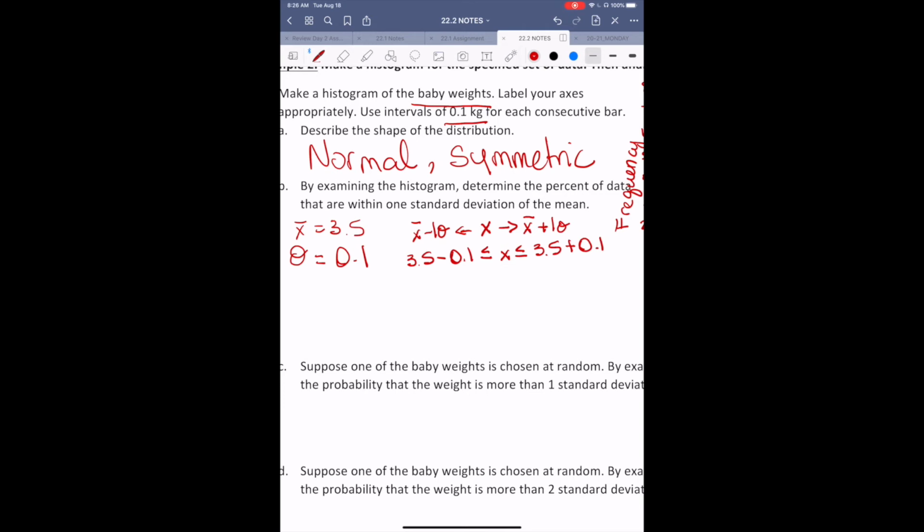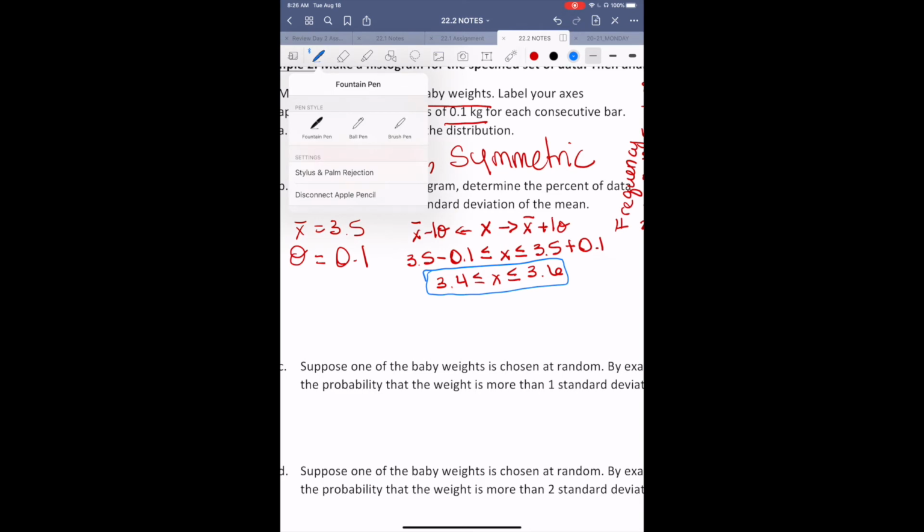Okay, if I simplify, 3.5 minus 0.1 gives me 3.4, less than or equal to x, less than or equal to 3.5 plus 0.1 gives me 3.6. So now we have this value here. Okay, this is a numerical value to help us determine the amount of data within that set.